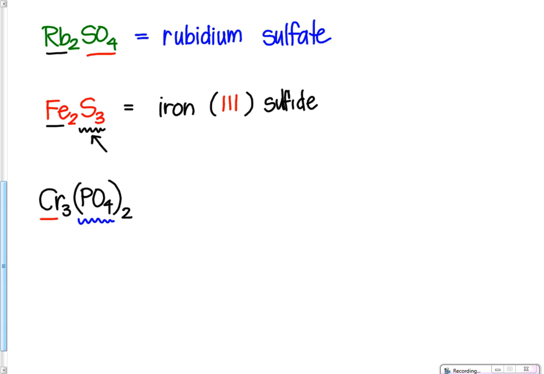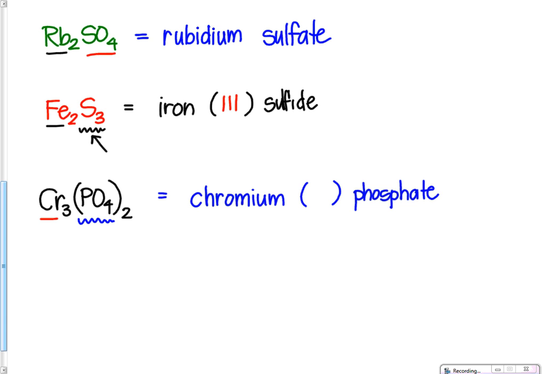Okay? So the first part of the name is the positive part, chromium. When you look at where that lives on the periodic table, you're going to see that it's a transition metal, which means that it needs a Roman numeral as part of its name. And the PO4 is a polyatomic ion, and when you look it up on your pink sheet, you'll find that that is called phosphate. So your only job is to figure out what the charge on the chromium is.